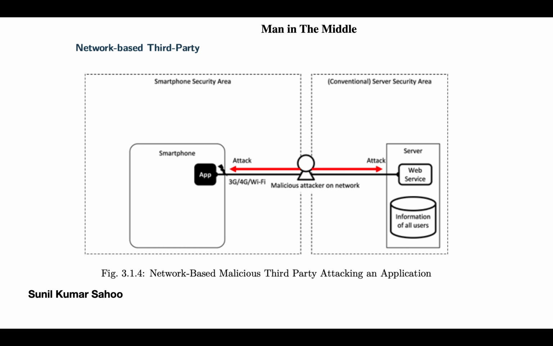Again, that type of attacker can work as a client for the server, so it can steal the information we are passing through the network layer. This is one example of a man in the middle attack, and this can happen in the network layer or data transport layer.